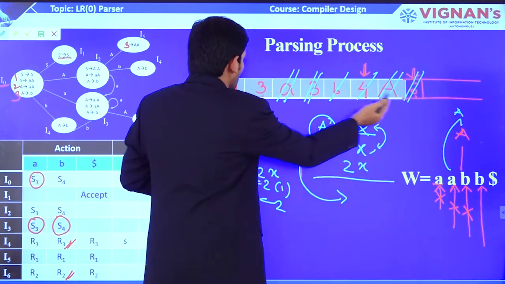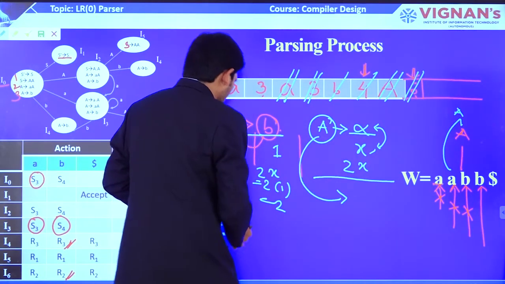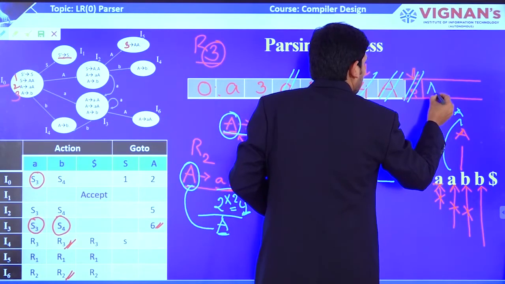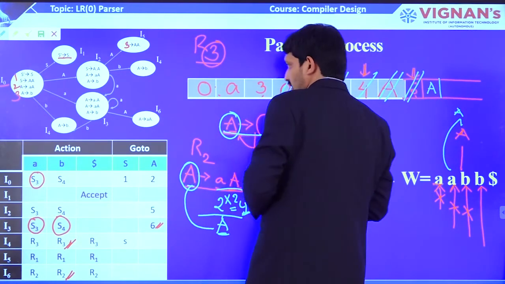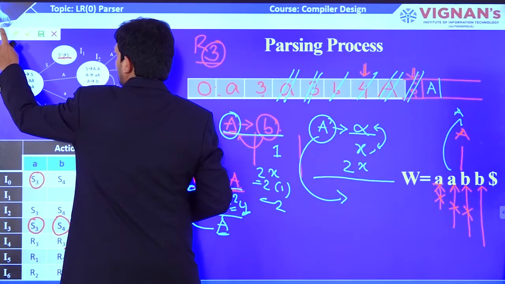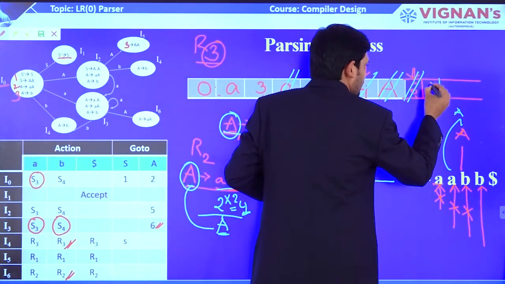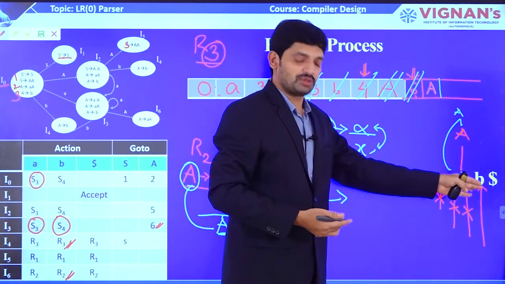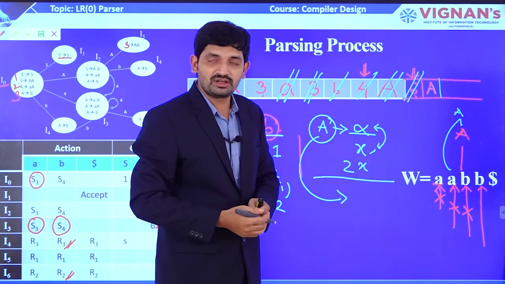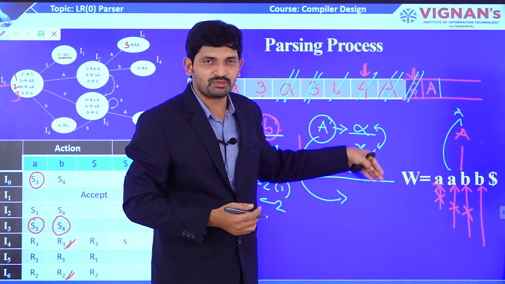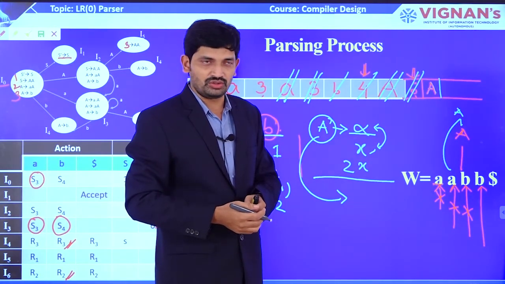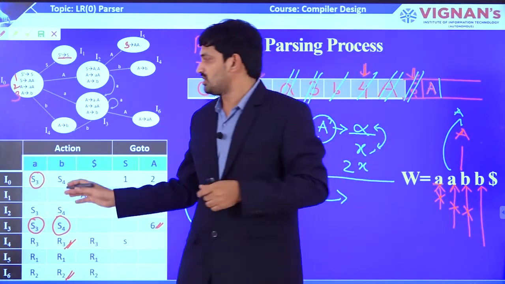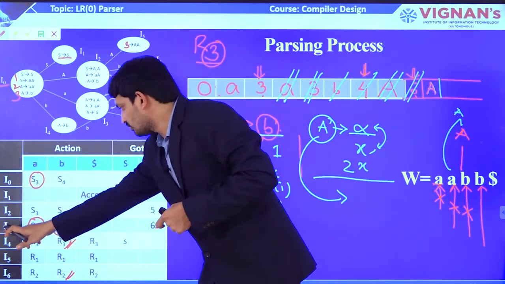After this I have to push this particular non-terminal onto the stack, so it is capital A. So I perform the push operation again as capital A. Again, here also I am not going to increment the lookahead pointer. Why? Because here also we perform the reduction operation only. So now look, what is I3 on capital A? You find this from this table or canonical item set.